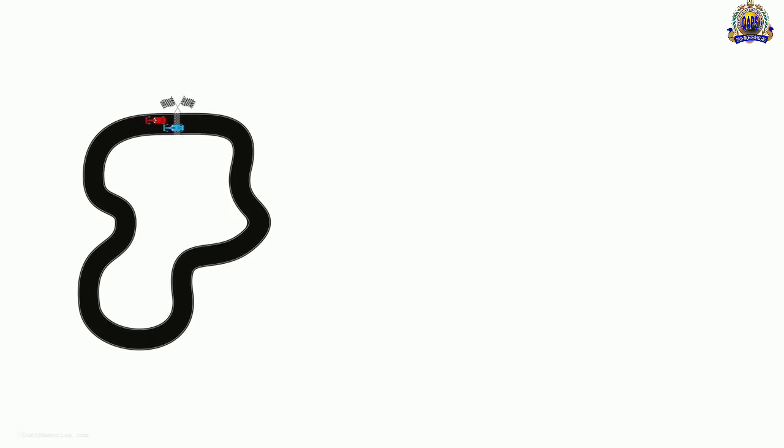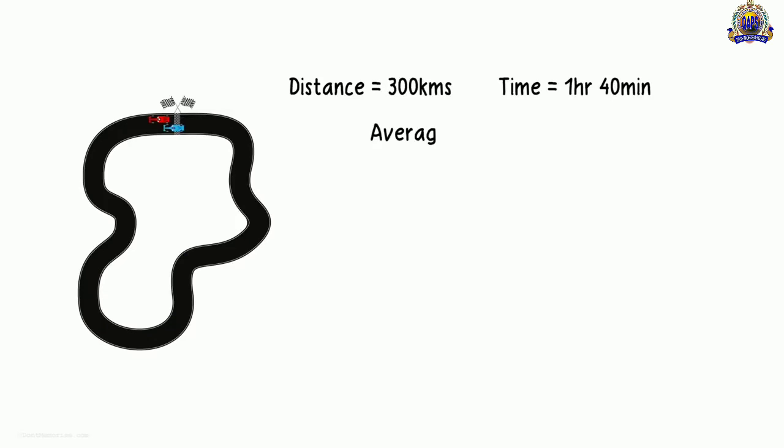Here we have two vehicles, as we discussed earlier. If one of them is moving with more speed, it reaches its destination sooner, but the starting point of both cars is the same as the end point.